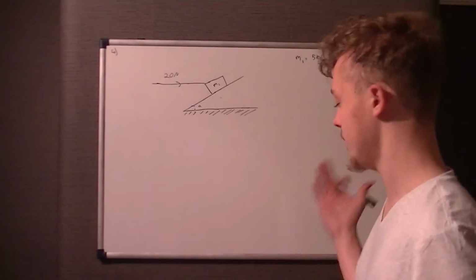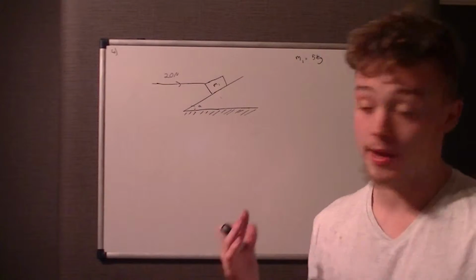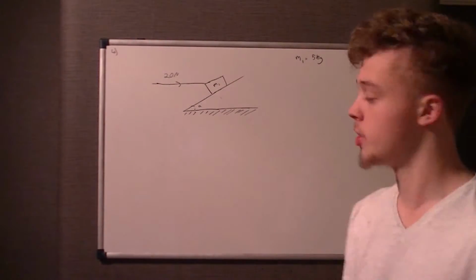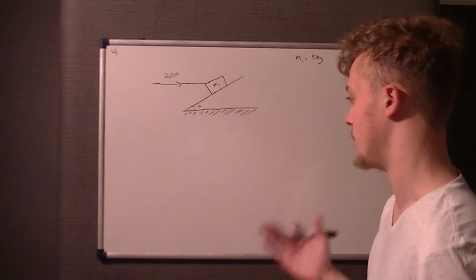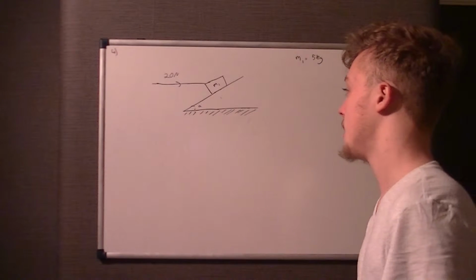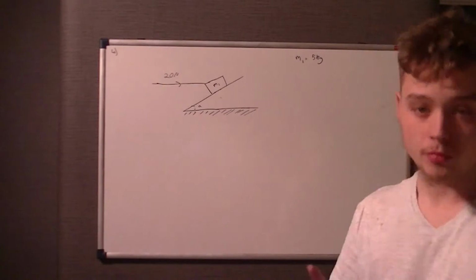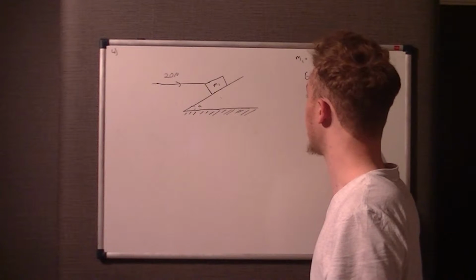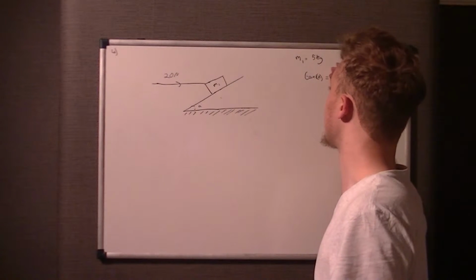In this question we're given a mass M1 of 5 kilograms on a slope, which is being held by a 20 Newton force, so that it's just in equilibrium. We've got this angle alpha, and we're told that tan alpha is 3/4.